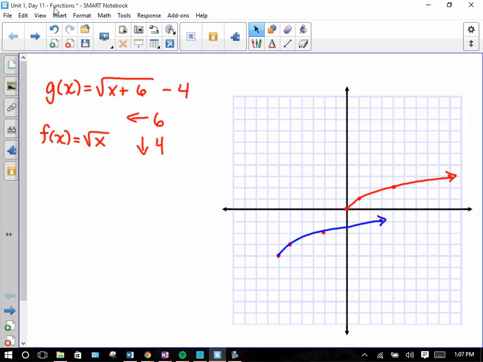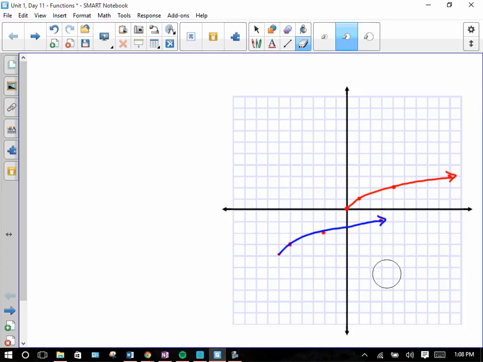All right. Let's look at another problem. The function for number 13.